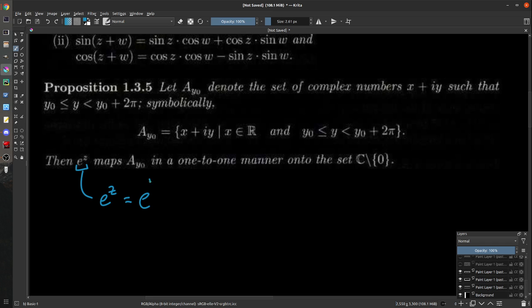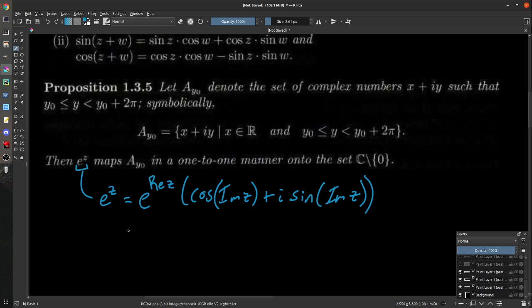It's e to the regular old real exponential, real part of z, times cosine of the imaginary part of z, plus i sine of the imaginary part of z. So this was the definition we gave for the complex exponential function.